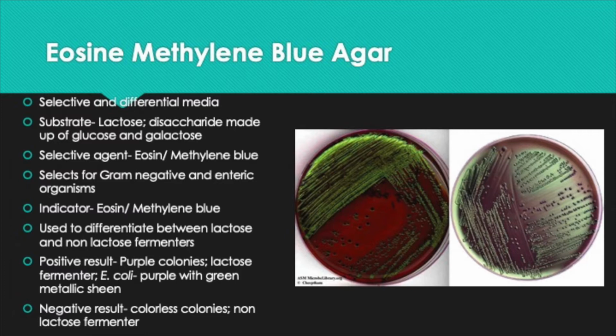Now, there is something special about EMB. E. coli is the only organism that is going to give you what is called a green sheen on top of the purple colonies. So when you streak E. coli on EMB, it's going to grow. The colonies are going to be purple. And on top of the purple colonies, you are going to see a bright green sheen, and it's shiny.